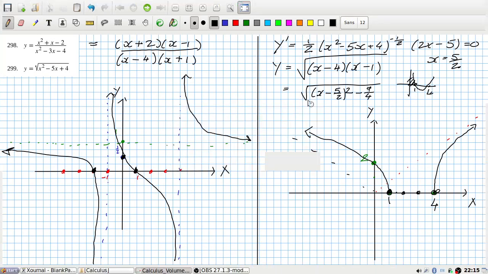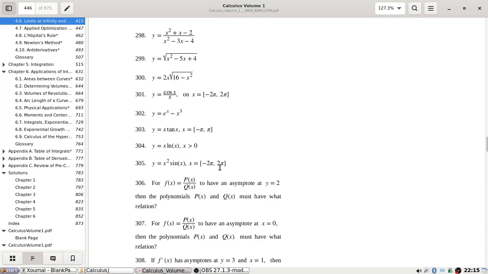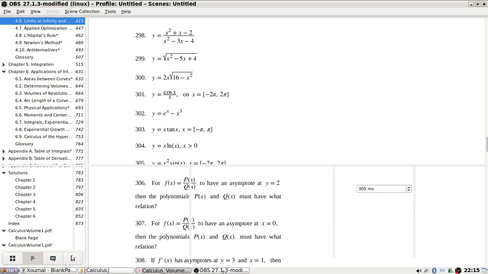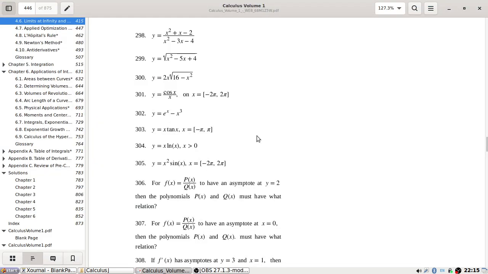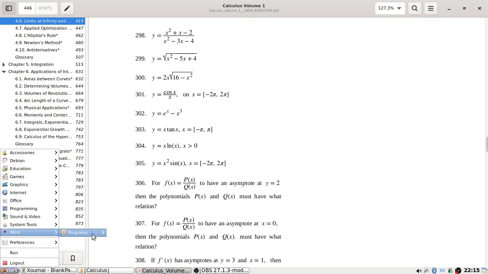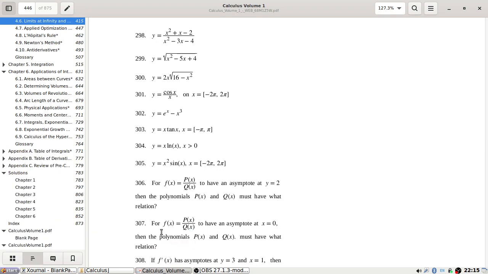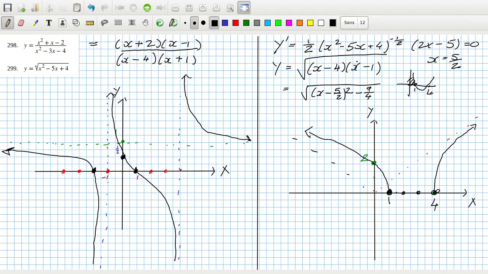Let's try and graph these to see if we're right. Oh, I don't think my software is loading. It's trying to load.